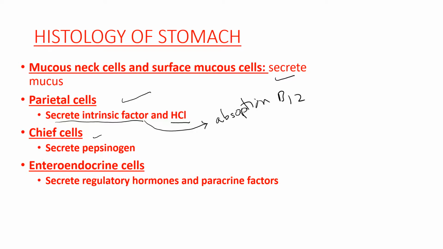Chief cells secrete pepsinogen, which is an enzyme, or the precursor of an enzyme called pepsin, involved in digestion of proteins.